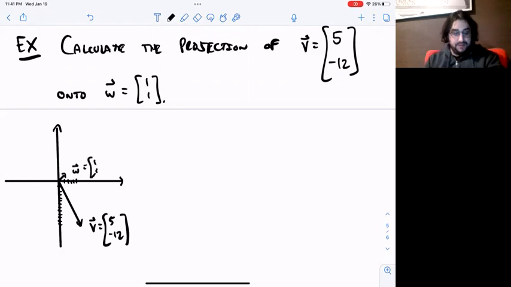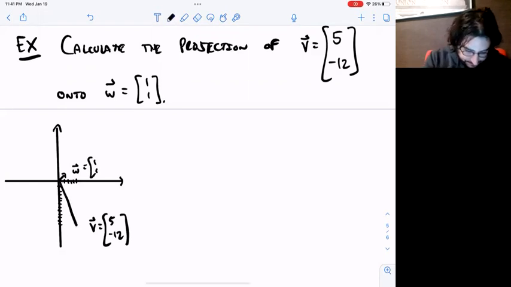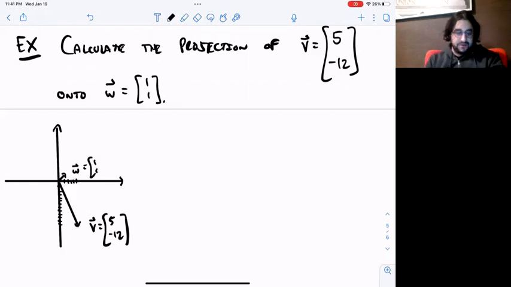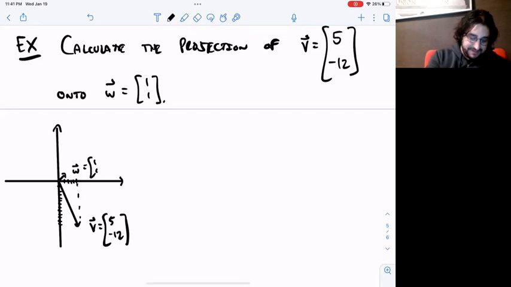So W is really, really short compared to V. There we go, just a little more to scale.